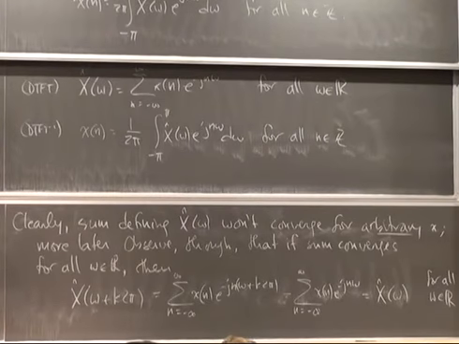We found that a delta in time went to a flat in frequency, and a flat in time went to a delta in frequency. Essentially the same thing is going to be true here, but the cool thing about discrete time is that the delta is an actual signal. It's not anything we have to sort of pretend about.